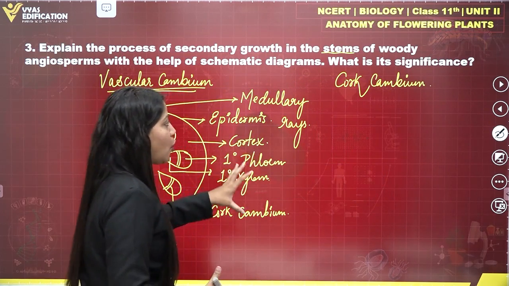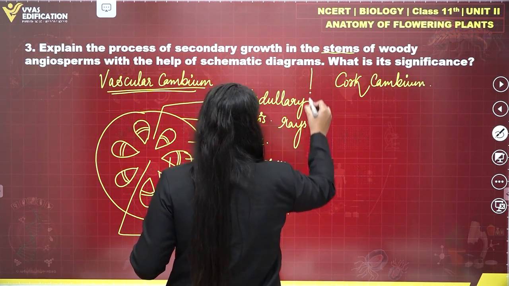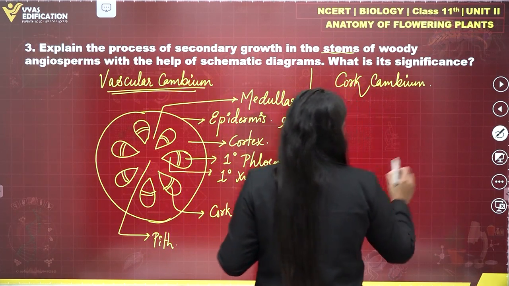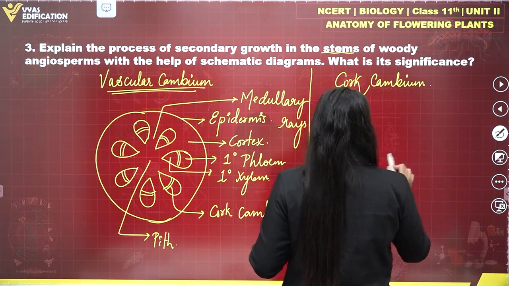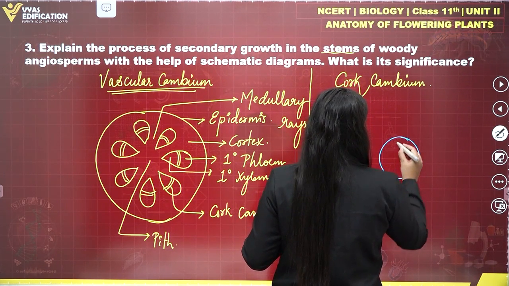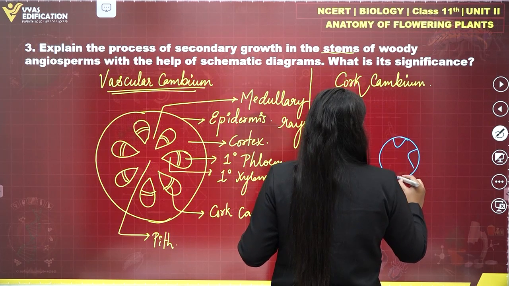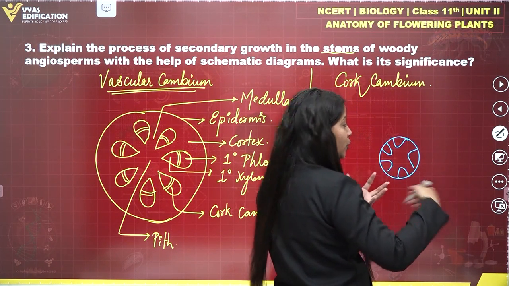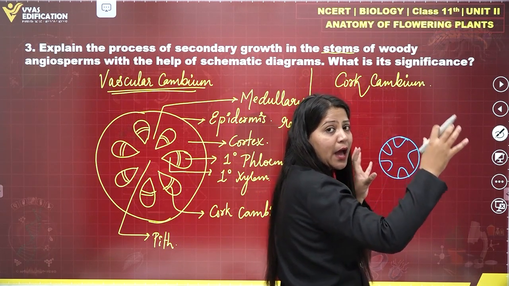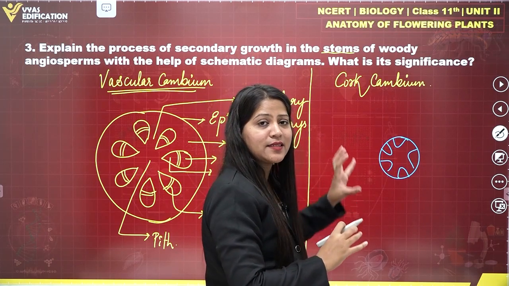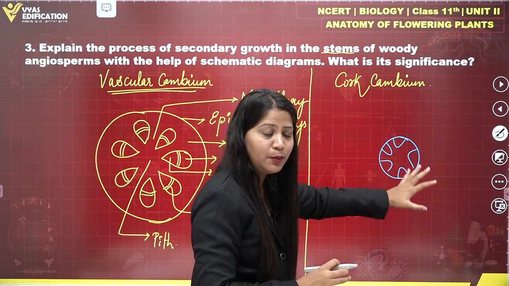Now let's draw another type of cambium, that is cork cambium. So this is your innermost circle. Bundles are present, and I'm drawing the schematic diagram when the secondary growth is taking place.